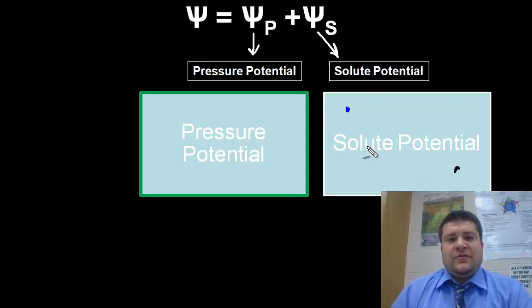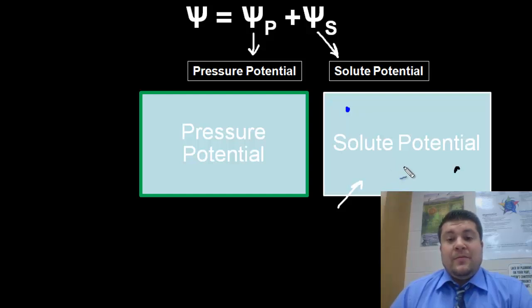So let's think about dropping in just one crystal of salt, so one sodium and chloride. And this was actually going to create water to move in. And so if water moves in, this is going to decrease our water potential. The more water that moves in, the less the solute potential.